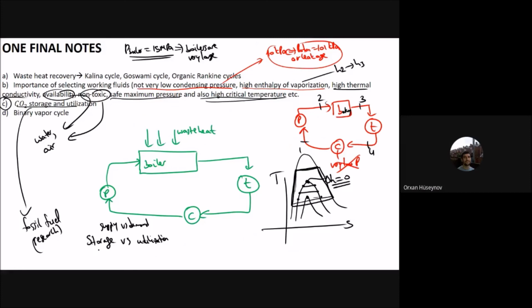We can store large amounts of CO2, but the utilization is what we are interested in. How can we utilize this CO2? There are different mechanisms. For example, microorganisms use this CO2, or it can be used for the extraction of hydrocarbons, or for other purposes.